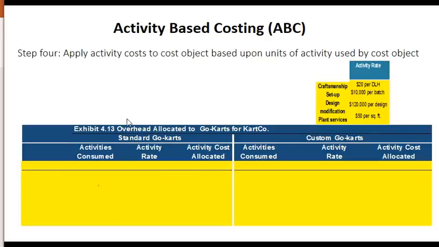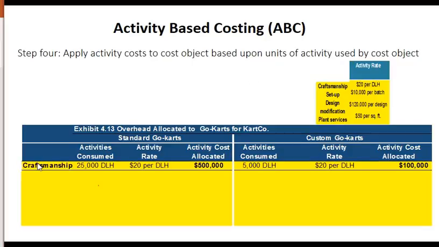This company makes two types of go-karts, standard and custom, so we're going to allocate costs amongst the two product lines. In the upper right-hand corner, I've posted all the activity rates for each of the cost pools from the previous slide.